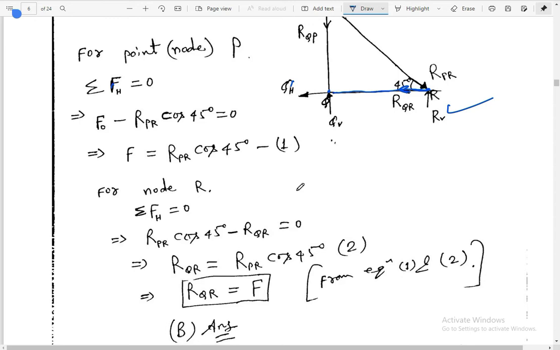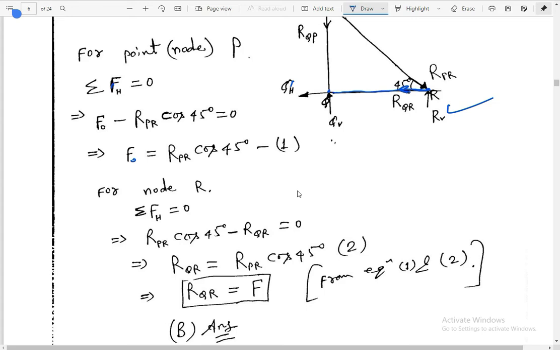So F or F naught is the same. We have F naught equal to RPR cos 45. For node R, we add all the horizontal forces: RPR cos 45 minus RQR.